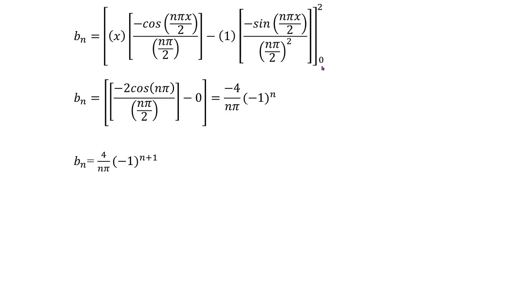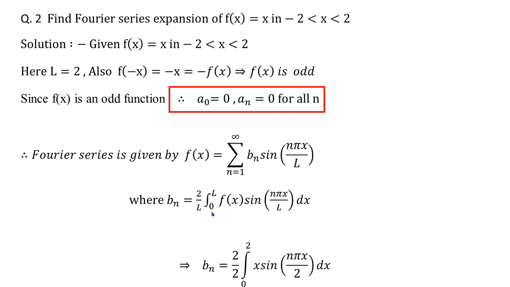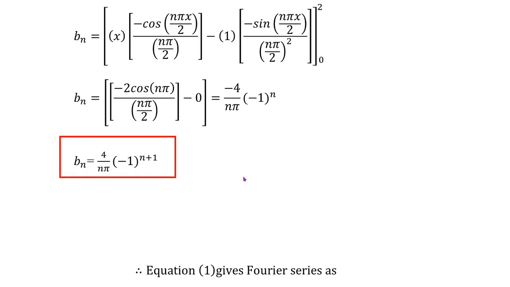One should note that when we have a case of an even or odd function, the limits of integration will not be minus L to L, they reduce to 0 to L, and here you will find 2 by L. So this one should note, okay.